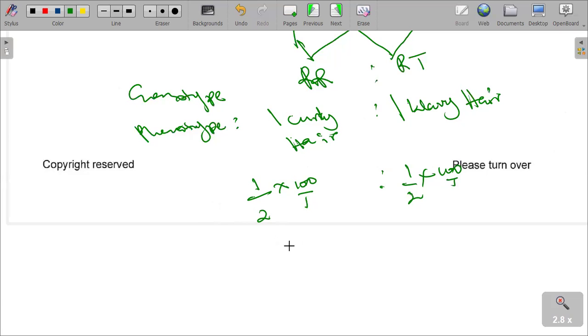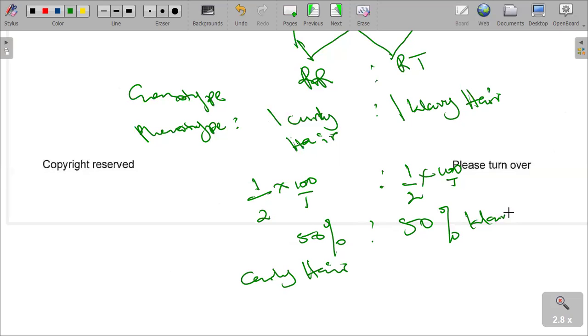If we simplify, half of 100 is 50%. So we have 50% curly is to 50% wavy.